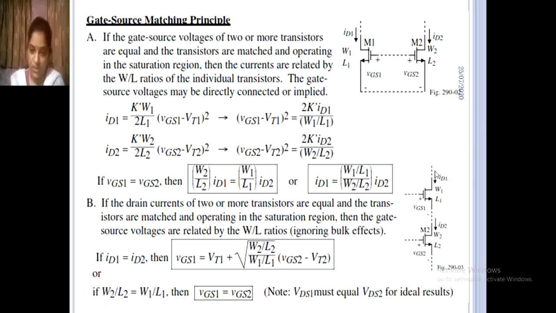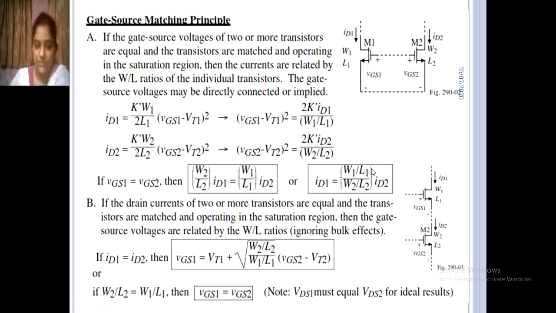If ID1 is equal to ID2, then VGS is given by this equation, or if the width by length ratios of the two MOSFETs are equal, then VGS1 is equal to VGS2, and VDS1 must equal VDS2 for an ideal result.